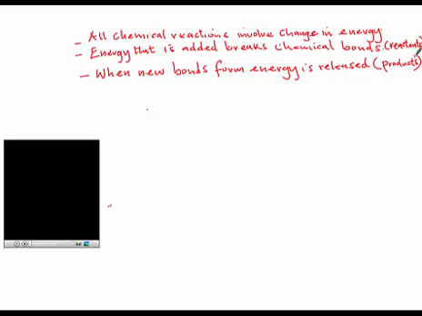So this means that energy is both absorbed and released during chemical reactions. Some chemical reactions release more energy than they absorb. When they release more energy than they absorb, we call these exothermic reactions.